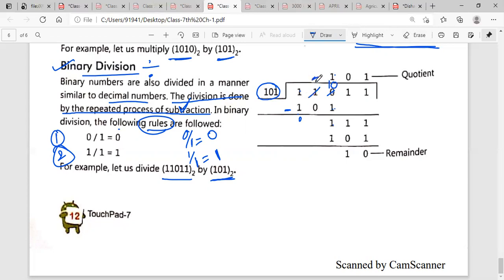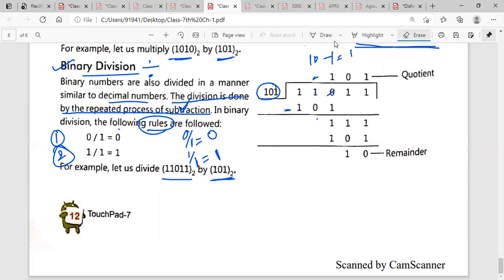Okay, here will become a 0. Okay, 0 minus 0 is 0, and here it means 10 minus 1 is 1. Okay, you can see the rule of binary subtraction. You can see the table, and we will take these two bits as well. Okay, now here is triple one. You can see here is triple one.